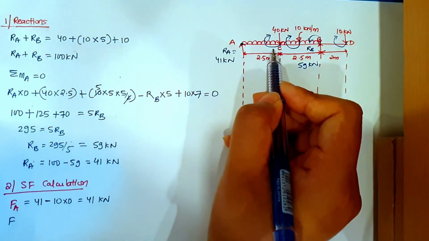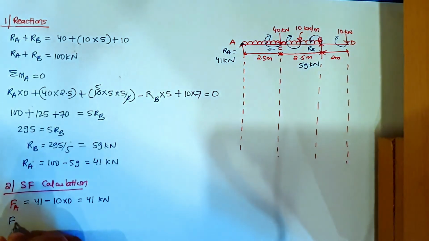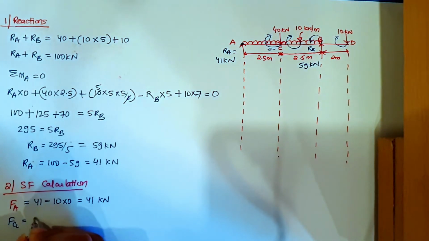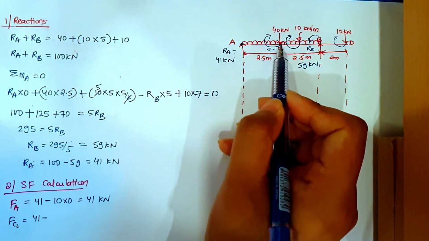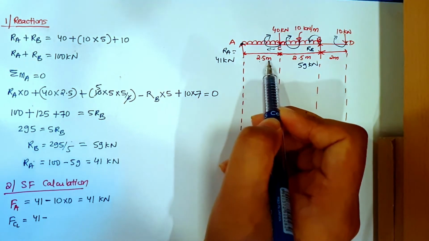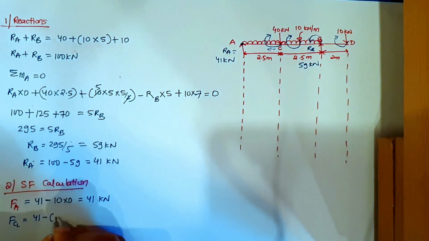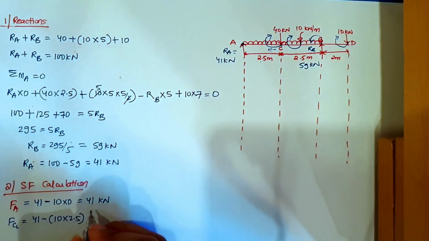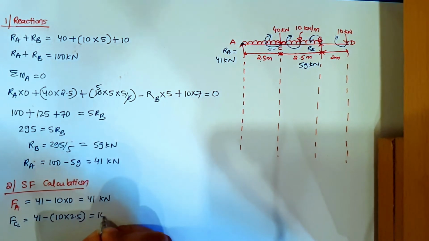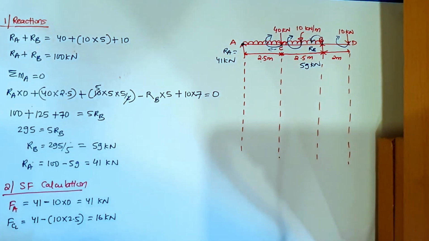Force at C and to the right-hand side of C will be equal to 41 minus, now up to C the UDL has run for a distance of 2.5 meters. The intensity of UDL is 10 and its distance is 2.5. So this will come to 16 kilonewton.